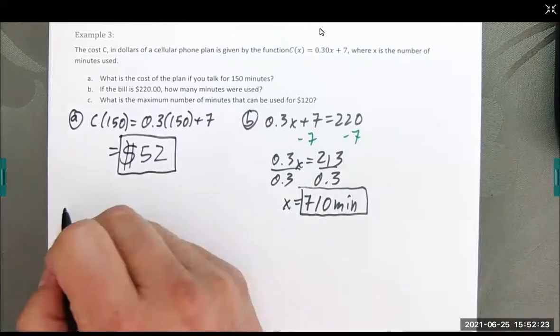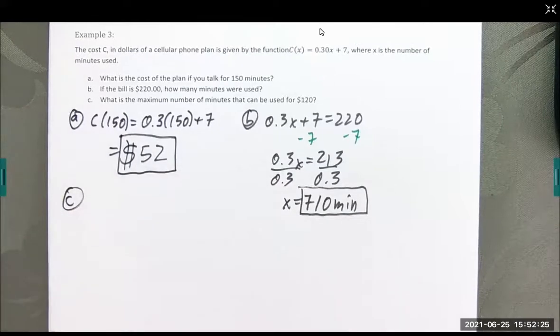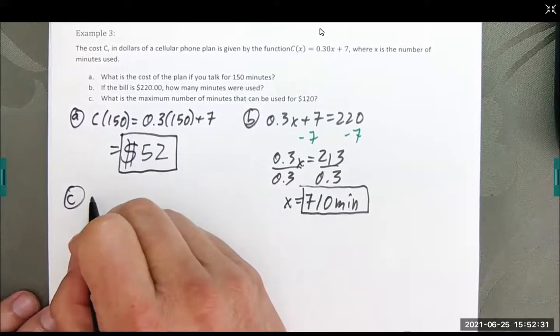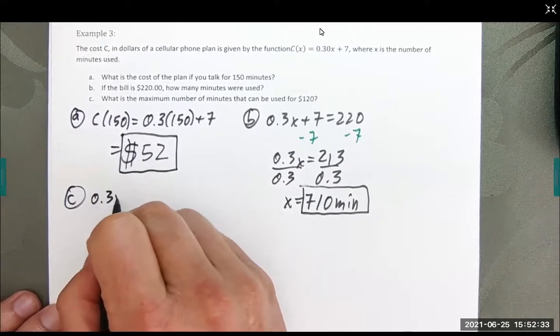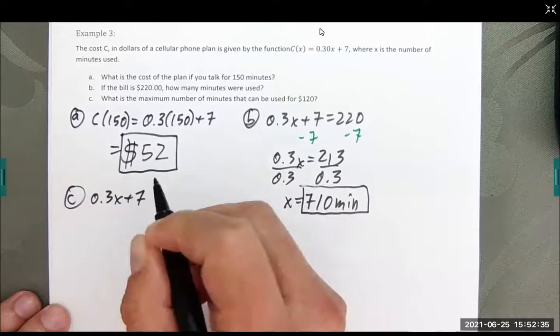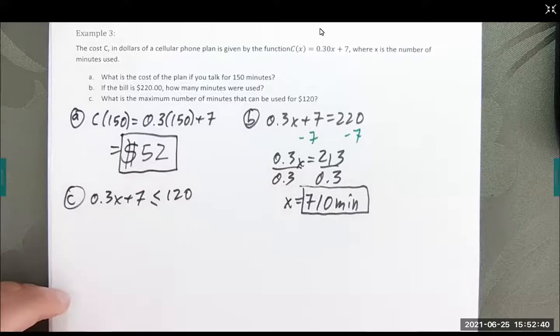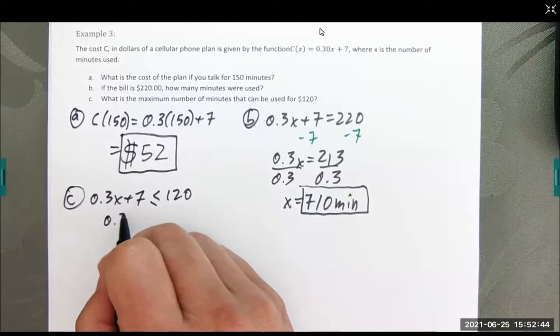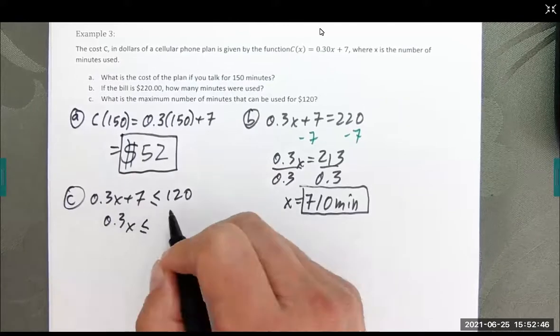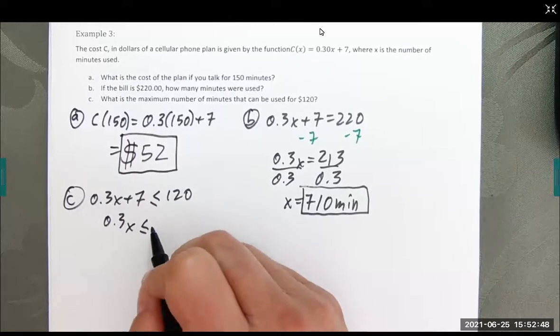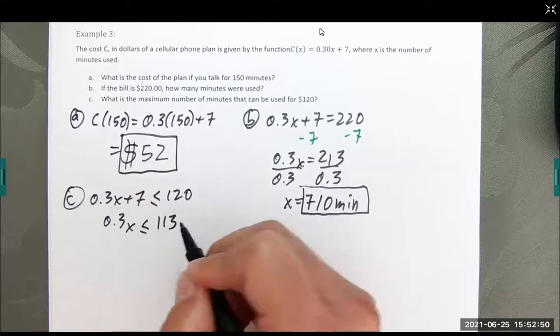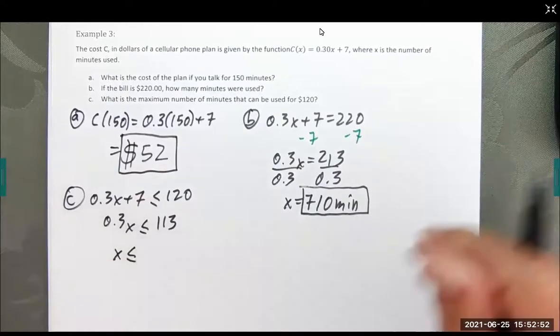Part C. What is the maximum number of minutes that can be used for $120? The maximum is going to be 0.3x plus 7 is less than or equal to 120. So subtracting a 7 again, 0.3x is less than or equal to 113. And by dividing by 0.3, let's see what we get.